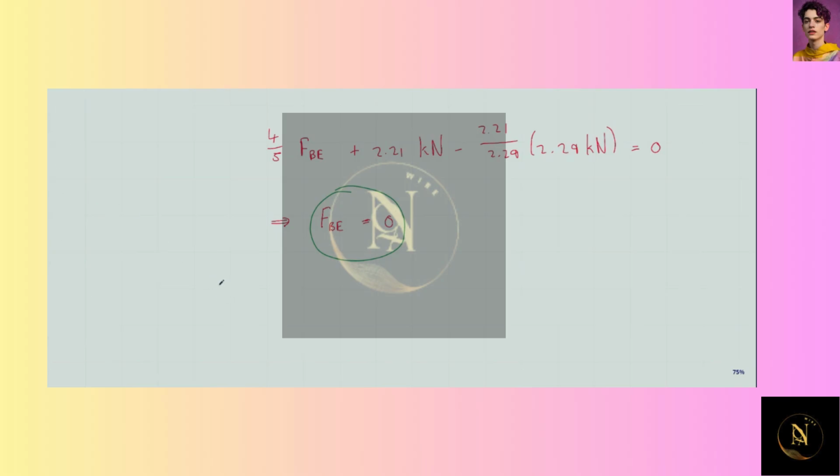Now, still on this free body diagram, if we take the upward direction to be positive and look at the y components of all the forces, again, the sum of these components must be 0. There is no net motion in the y direction.